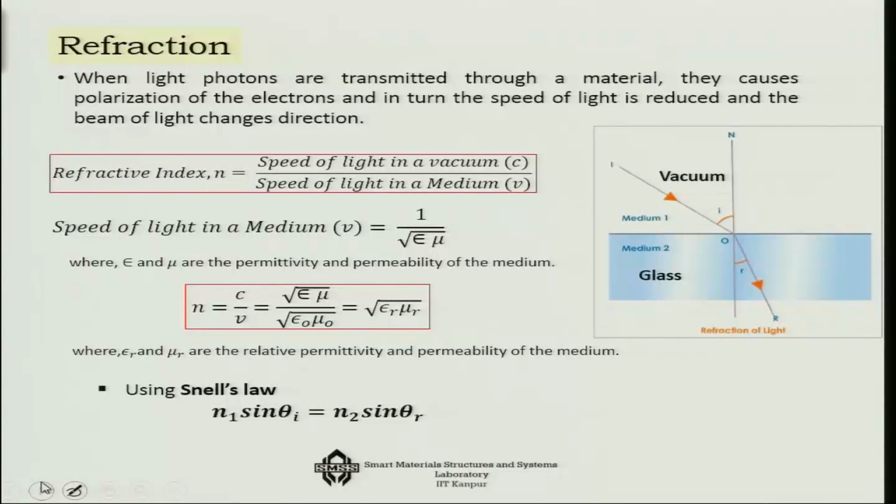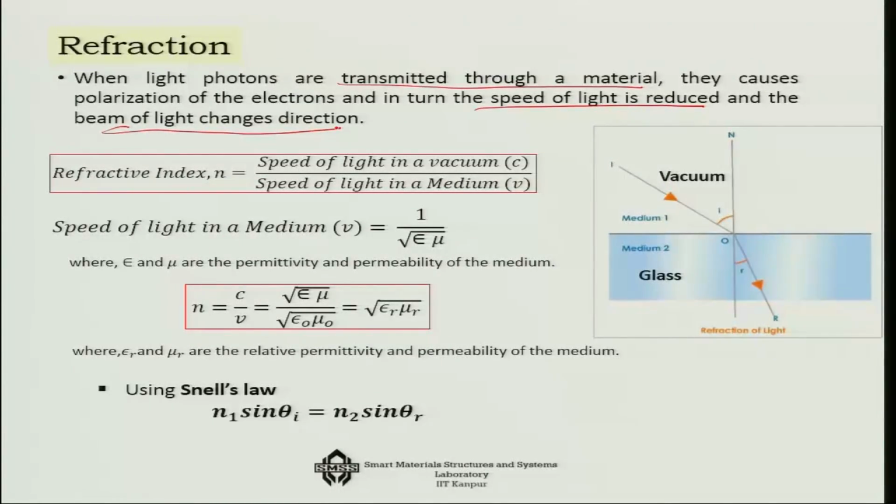So, when light photons are transmitted through a material, they actually cause polarization of the electrons, and in turn the speed of the light is reduced and the beam of light changes its direction.